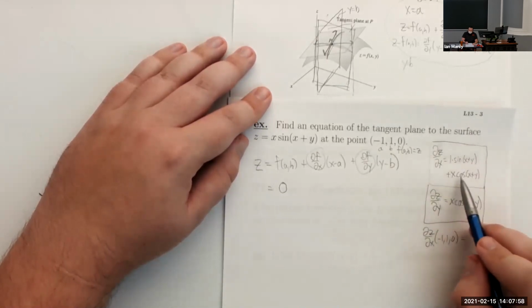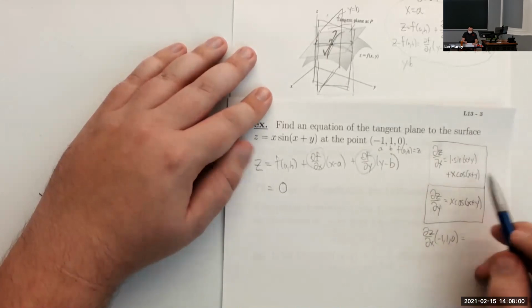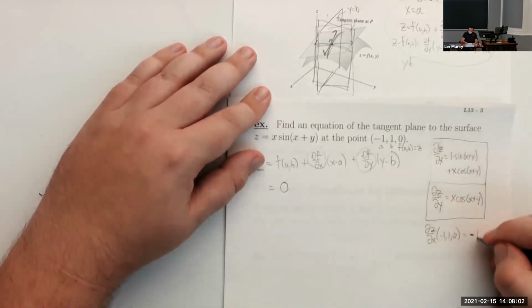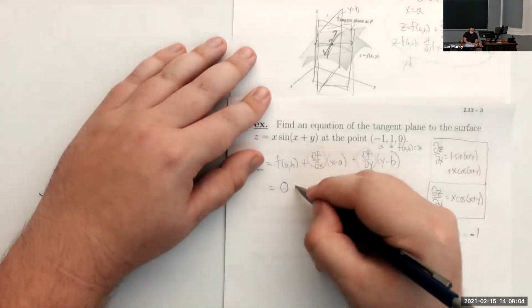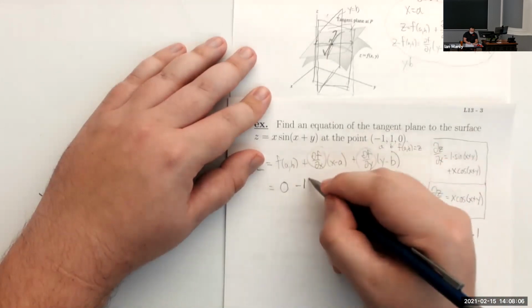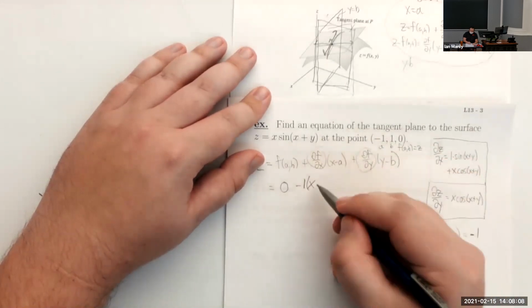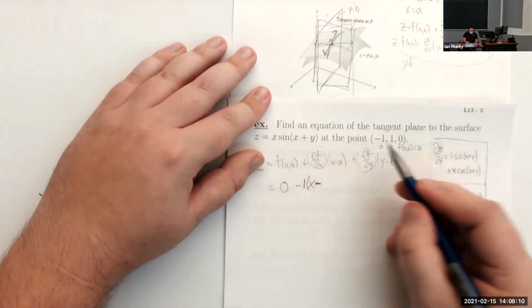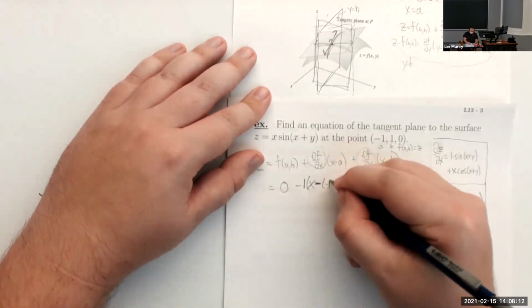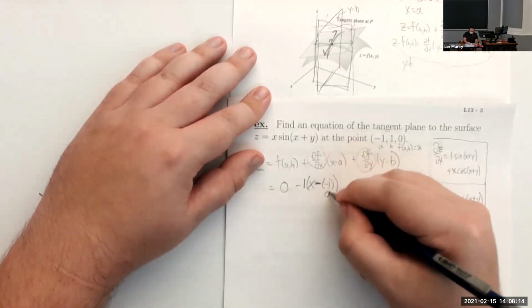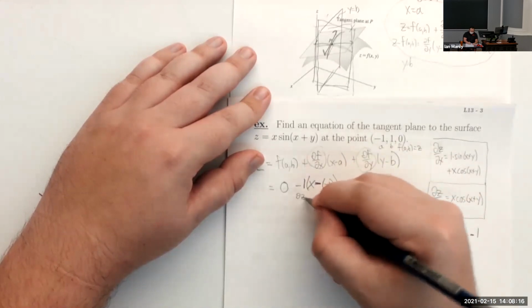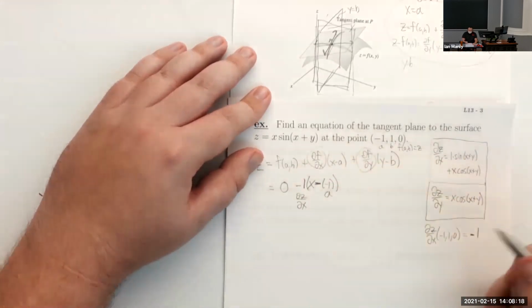Then we have minus cosine of 0, so that will be -1. So this part's going to be -1, and then we have x minus the a value, which is -1. So this is my a, this is partial z, partial x.